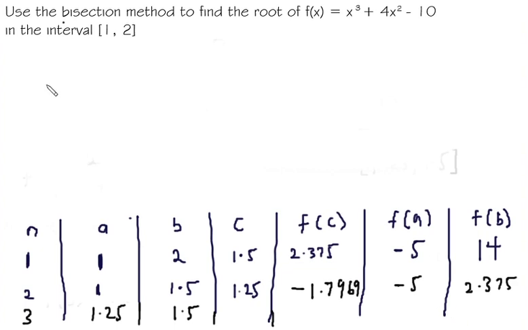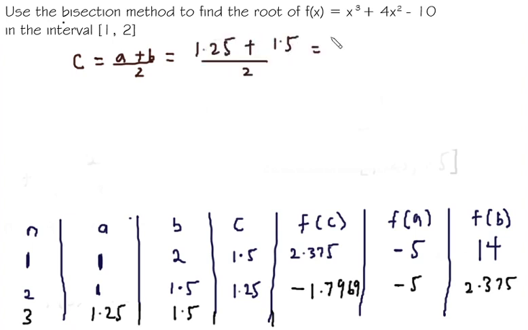So for our third iteration, we know that C is equal to (A plus B) over 2. So our new A and new B is 1.25 and 1.5. So 1.25 plus 1.5 divided by 2 is 1.375.